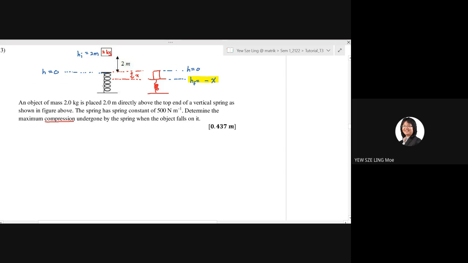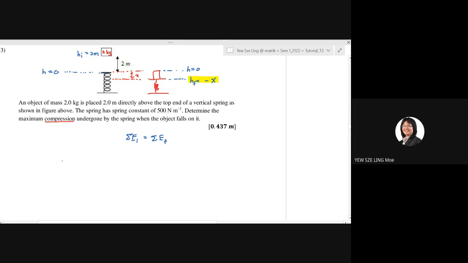This question apparently comes with a spring now. An object, you drop it, it's moving. So let's start from summations E initial equals summations E final. Then I'm going to include all three types of mechanical energy now. Why?